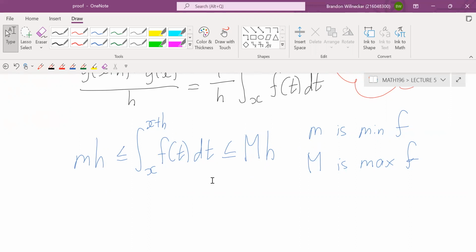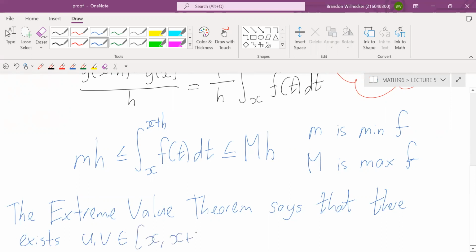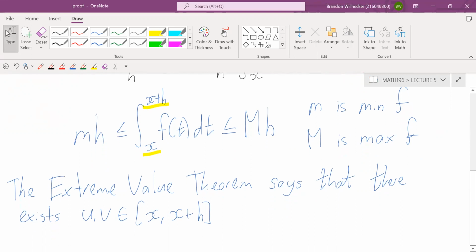So next, the extreme value theorem. We should have covered this before. The extreme value theorem says that there exist some numbers u and v on this interval x to x plus h, because remember that is our interval for our integral. So that's the interval that we're looking at.